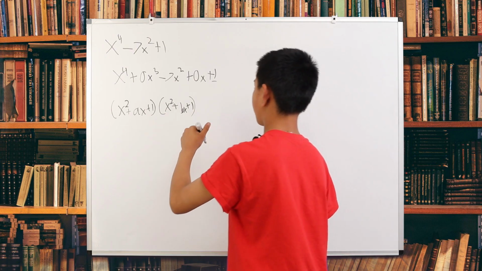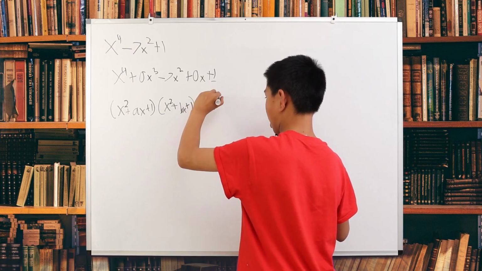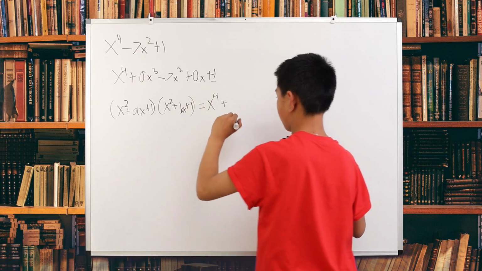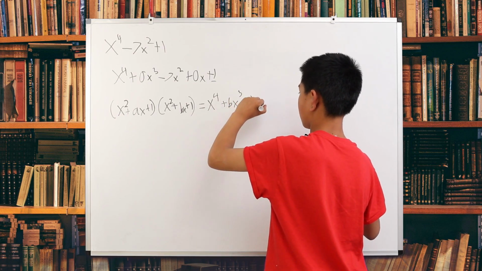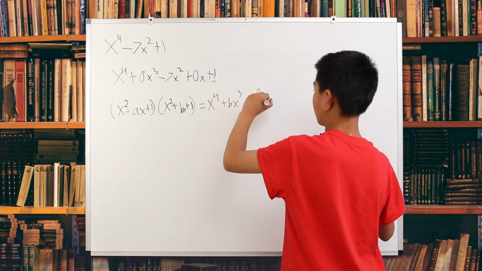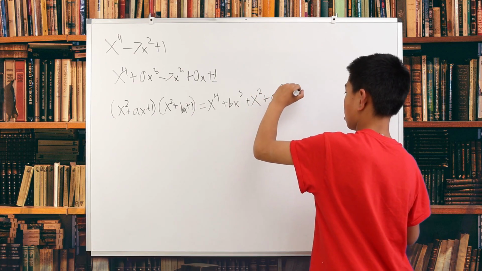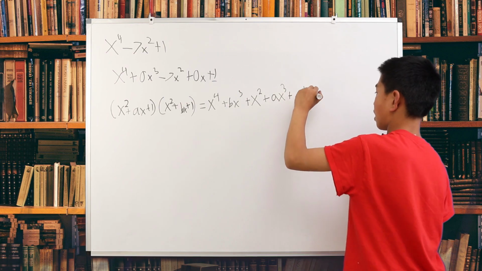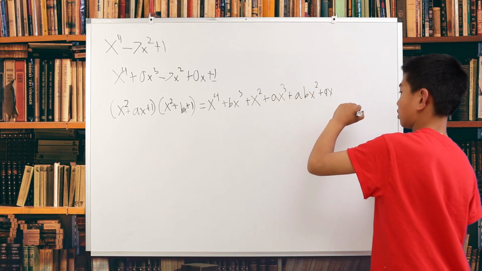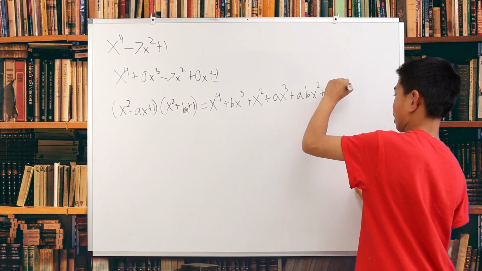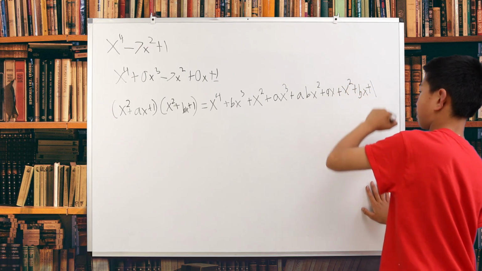And now we can just write this out. This is going to be x to the fourth power plus bx to the third power plus x squared plus ax to the third power plus abx squared plus ax, plus x squared plus bx plus 1.